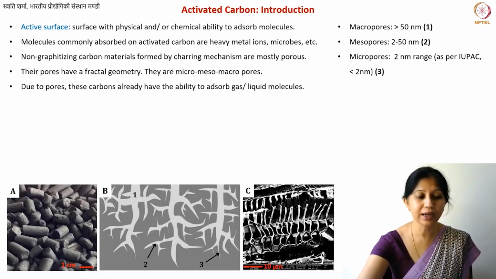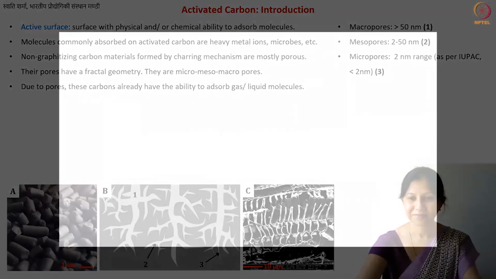Okay, now what are these fractal geometries? Let me quickly tell you. Okay, so what are fractal structures again? The structure that I have shown you for the porosity of carbon structures, we will only talk about the context of porous carbons. So you see these kind of branches in these structures.